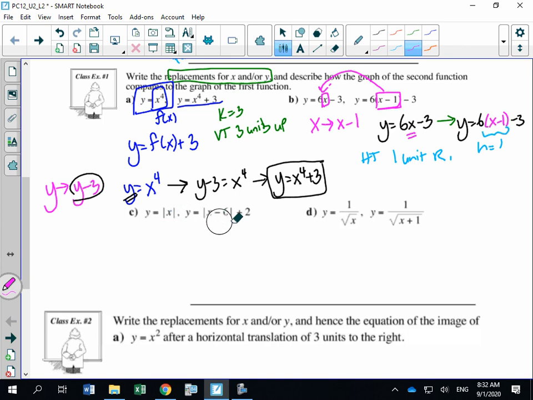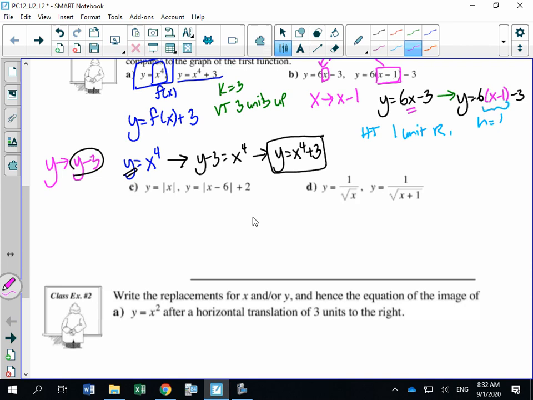So the first one I'm going to do is the replacement notation for the k value. Again, this is the original function. This is the transformed function. So the replacement notation to get this k value equal to 2 is y is going to be replaced with y minus 2. That's the replacement.